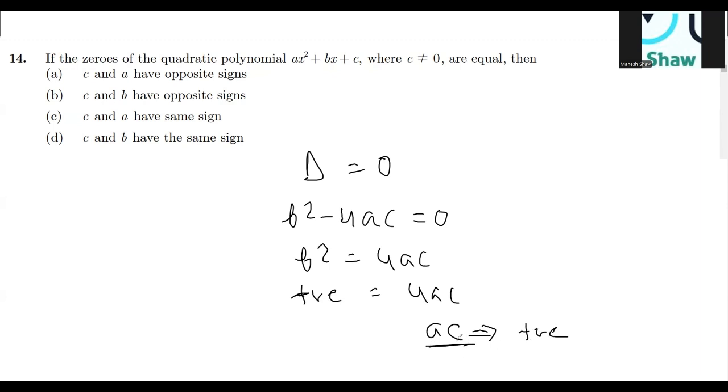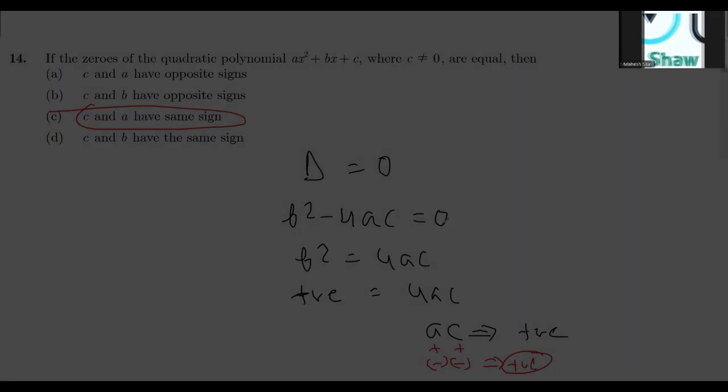And what do we know? The product of two numbers is positive in two cases, if both of them are positive or both of them are negative, isn't it? Because minus into minus is also positive. So they must have the same sign. a and c must have the same sign here. Yeah, it has to be a and c, right?